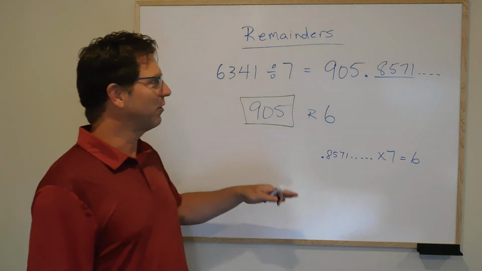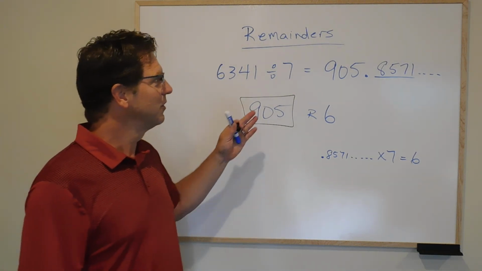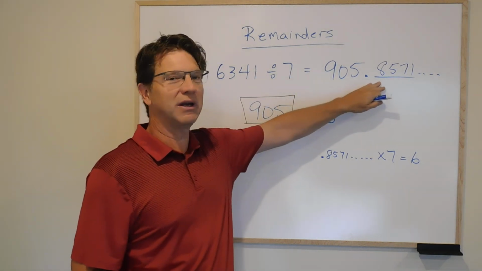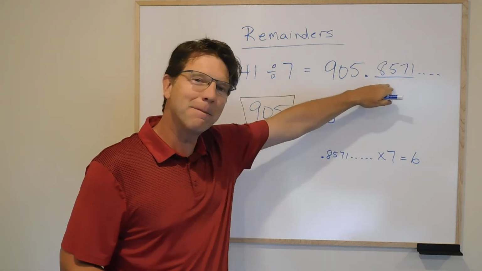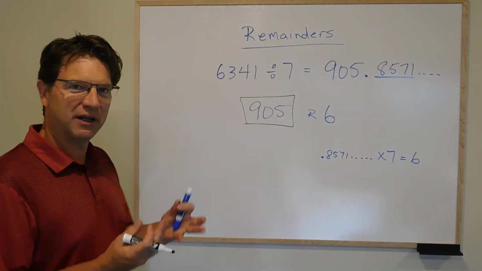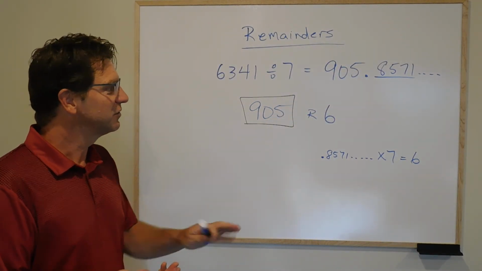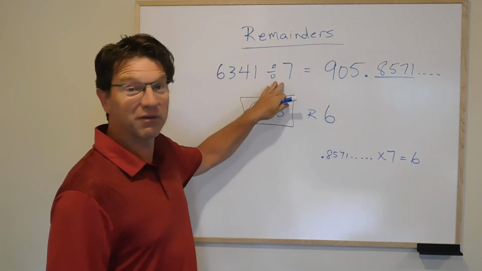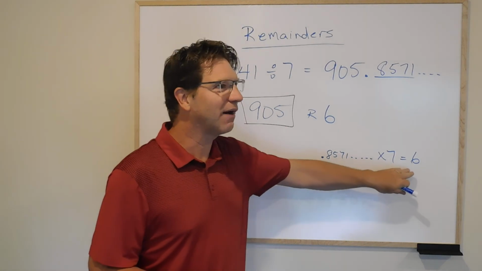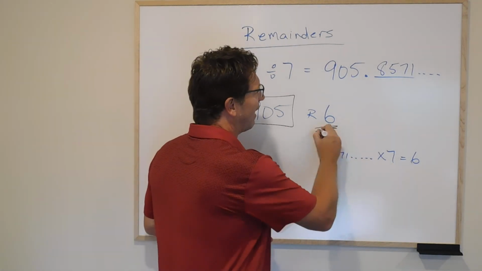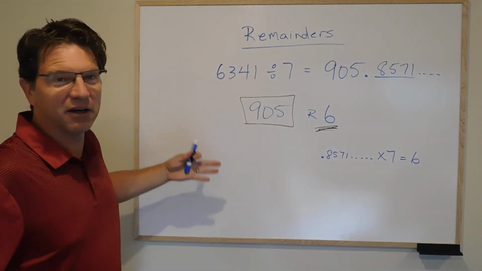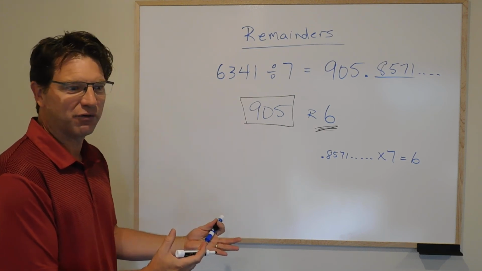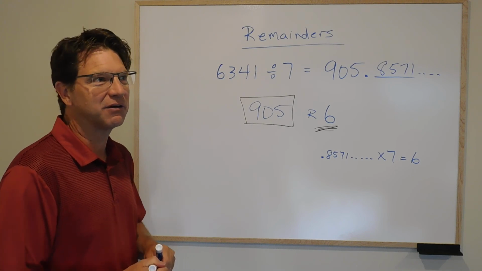And we'd also like to know, for accountability purposes, what do we have left over? When we do the division, we get 905.871, but how many is 0.871 in actual syringes? So we multiply by 7 because that's the same thing we were dividing by, and we find out that we'll have 6 left over. So we could make 905 packages in groups of 7, and we would have 6 left over. And that's what the concept of a remainder is.